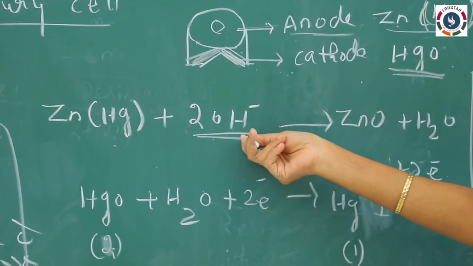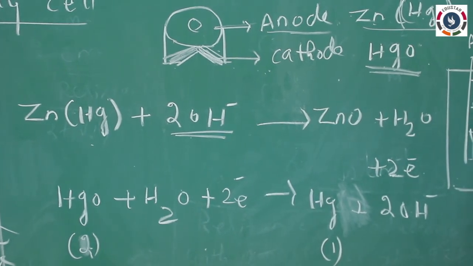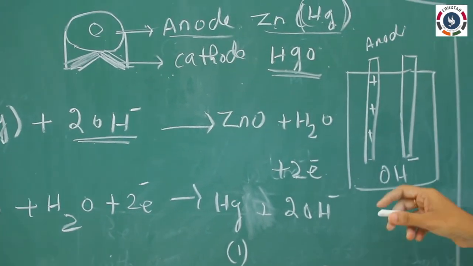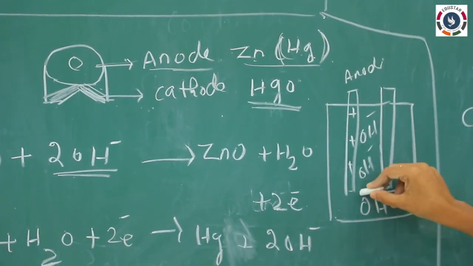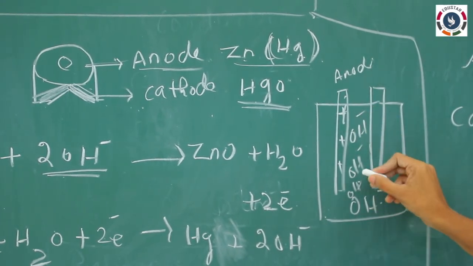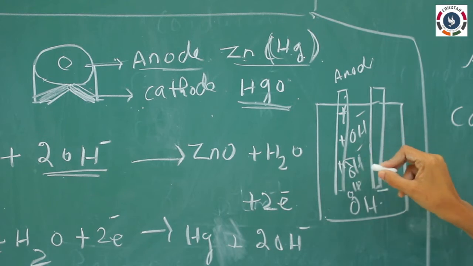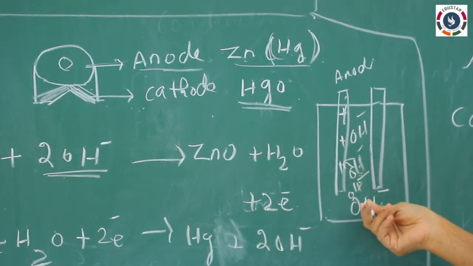Why am I writing this OH minus? Because in the electrolyte there is OH minus. So, these OH minus ions get immediately attracted to the anode, since the anode is the positively charged electrode here, attracted by the negatively charged ions present in the electrolyte.